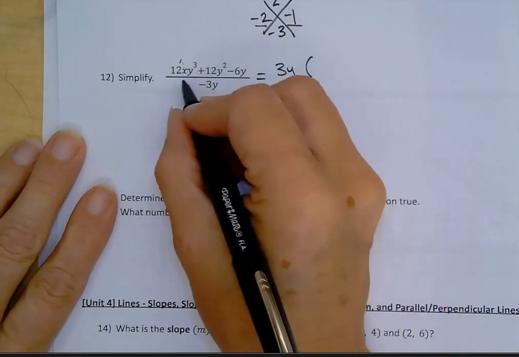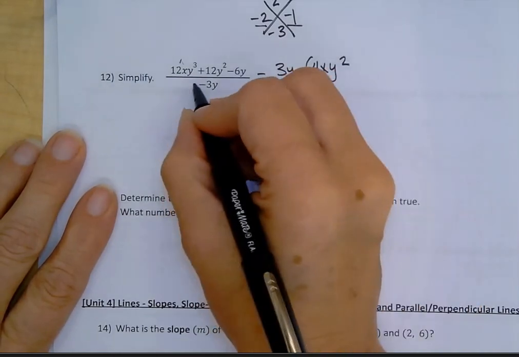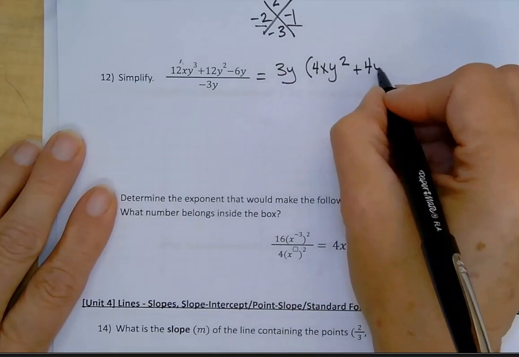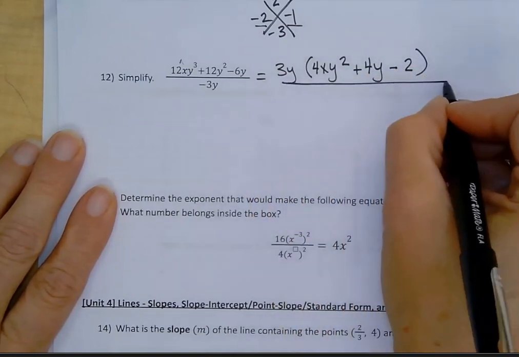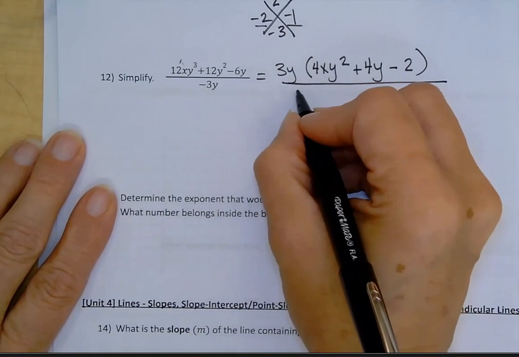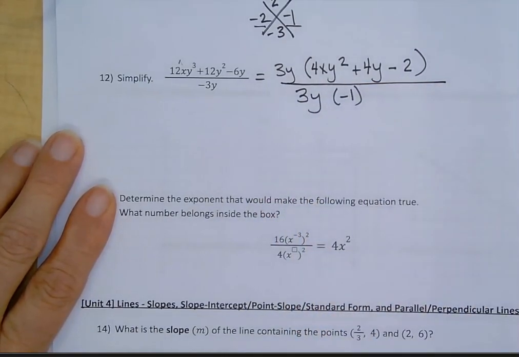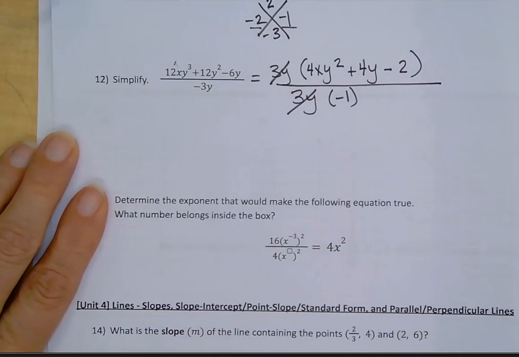And I'm left with 4xy squared plus 4y minus 2 in my numerator. It's all over. I'm going to pull out 3y, and I'm left with negative 1. So that's a little messy, but we're going to do that anyway. Okay, 3y divided by 3y, that's 1.